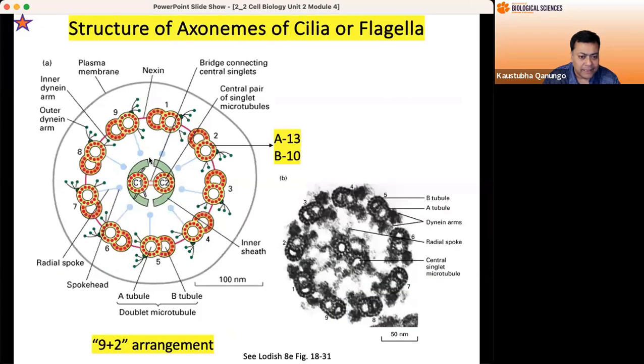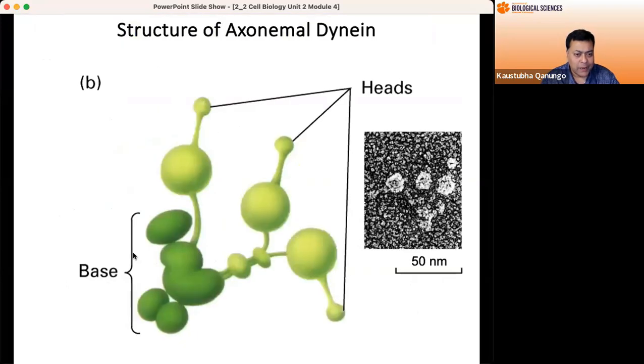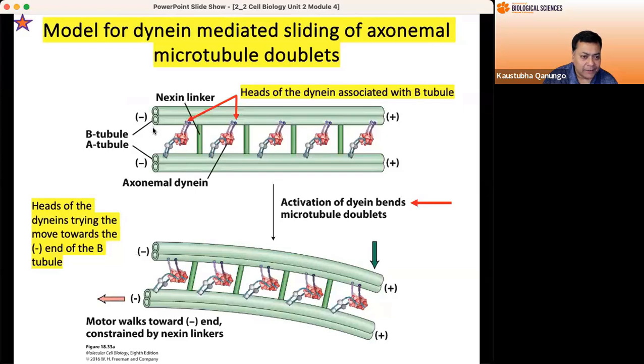Right here, this is your A tubule with 13 and B tubule with 10. This is correct, whereas they messed this up by making the A tubule 10 and the B tubule 13. The 13 should have been the A tubule, but again, it doesn't take away from what you need to understand.